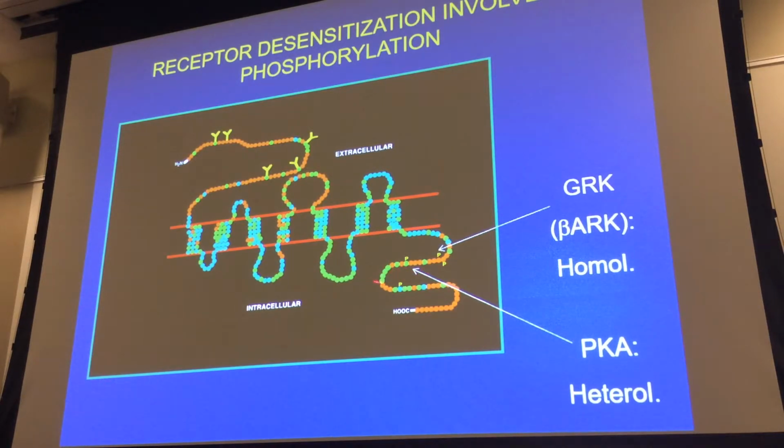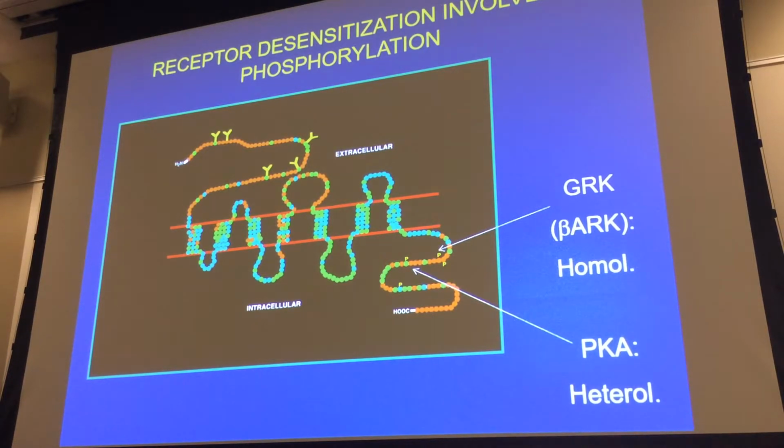So if there's a lot of phosphatase activity around, the phosphatase can cleave the phosphate from this amino acid here, and once the amino acid becomes dephosphorylated, then the G protein can come back onto the receptor, and the receptor can regenerate its high affinity state and now become active again.